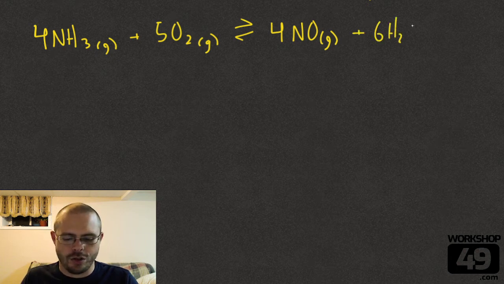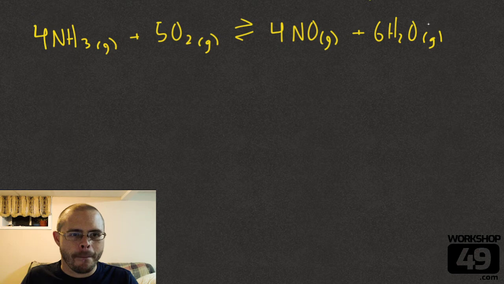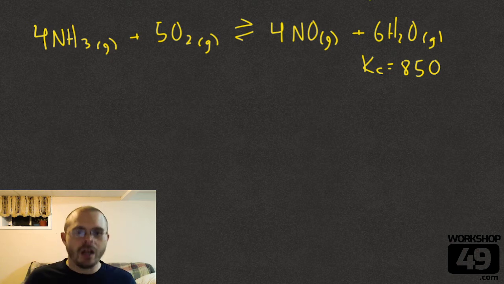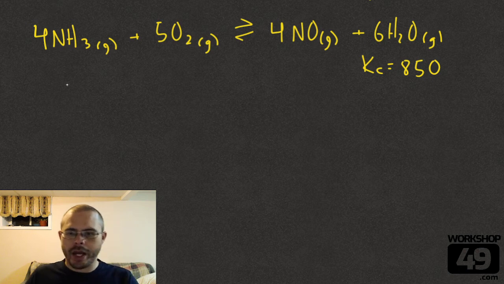You've been told that at some temperature, it doesn't matter, Kc for this reaction is going to equal 850. We're going to calculate Qc and predict the direction of this reaction.